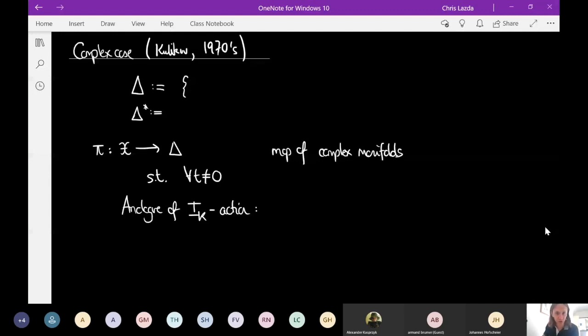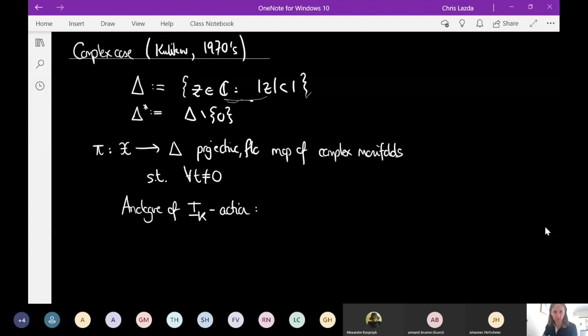So I'm going to let delta, as usual, be the unit disk in the complex plane, delta star be the punctured unit disk, so the unit disk take away the origin. And I'm going to take pi a projective flat map of complex manifolds, so some flat family of complex manifolds whose non-zero fibers are all K3 surfaces.